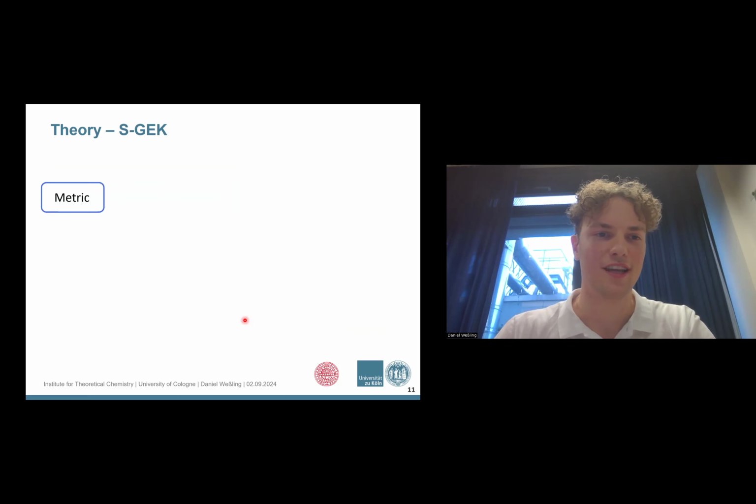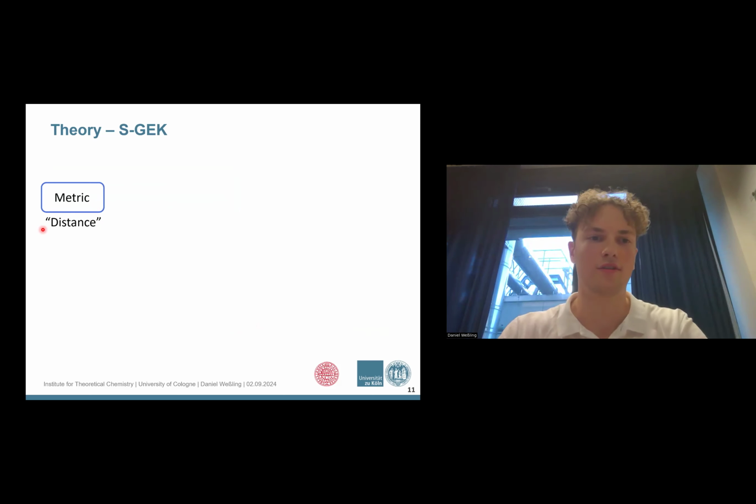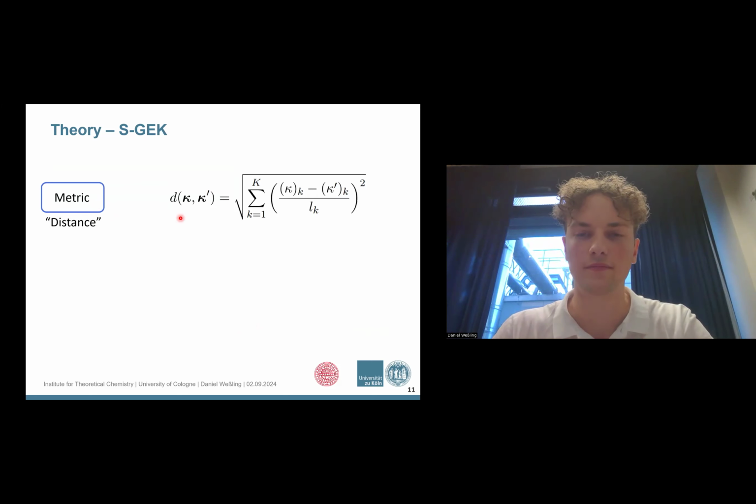So what does it actually mean to have this redundancy, or how do we actually do this in a computer, so to say? We introduce a metric, and this can just be thought of as a distance, just a scale for how far points are away, or just numbers. And this is the formula that we are using. And if you pay close attention, then this would actually be very similar to the Euclidean metric.